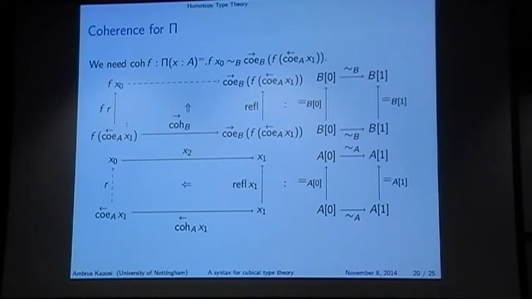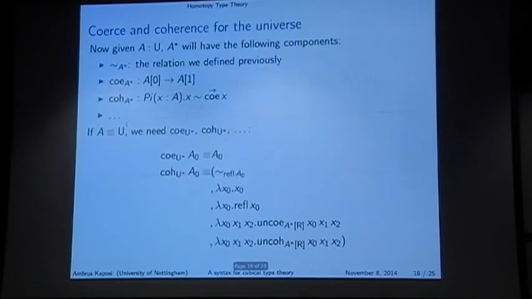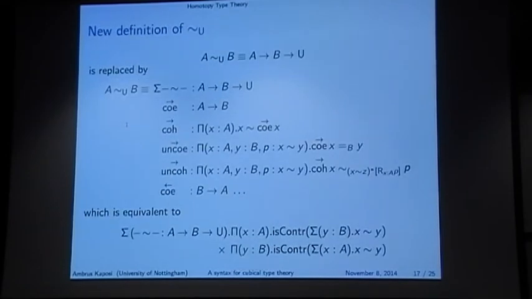You're saying it's this which you called COH. Why was it needed? I needed it in the definition of the universe, the definition of equality for the universe. So in the definition of equivalence, I included the first level Kan-filling conditions together with a uniqueness condition.